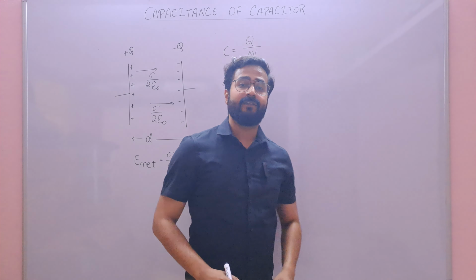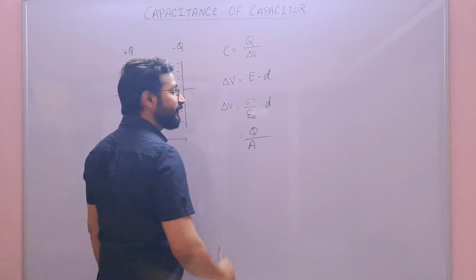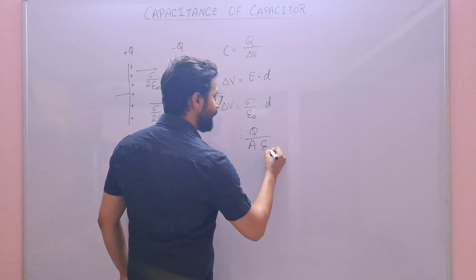Now the potential difference between the plates is the electric field sigma upon epsilon naught into d. Now sigma is charge per unit area, that means Q upon A, so the potential difference is Q d upon A epsilon naught. Now if we put this here, we can assume it as the first equation.